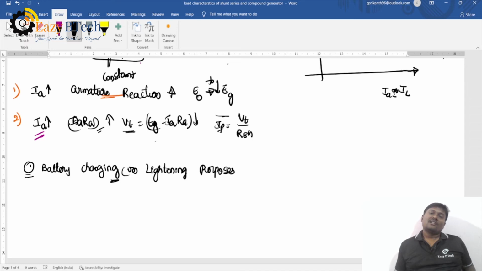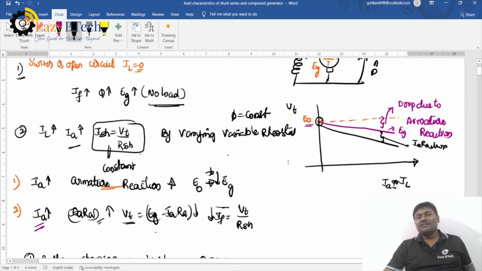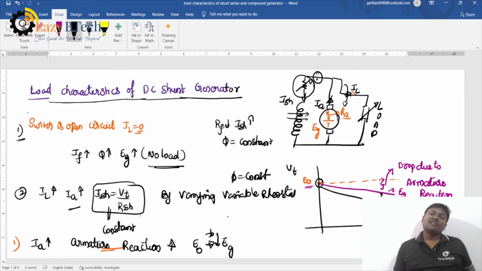The field current decreases, but in this case we are maintaining the field current constant by varying this rheostat. As RF decreases, ISH increases, and the flux is maintained as constant. That means the field current is maintained as constant.